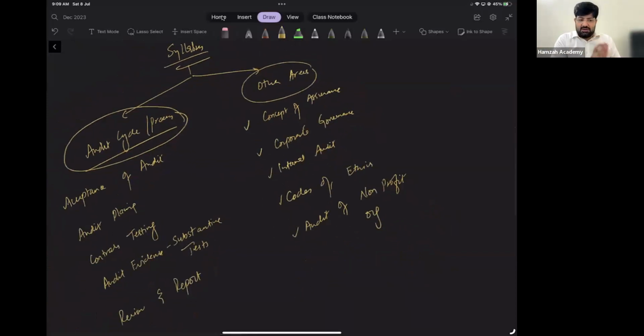Now, if I talk about the weightage in the exam, the audit process section normally has a weightage of 75% to 80%, tested in every exam, and the other areas are around 20 to 25% maximum.